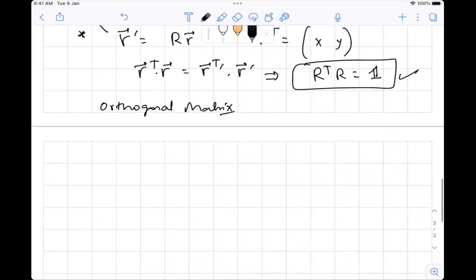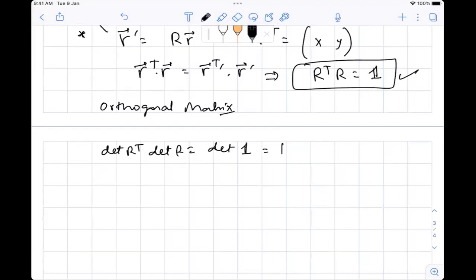Orthogonal matrices are all such matrices which preserve the length of the vector. There can be many matrices, but they have to preserve the length of the vector. Now if I take the determinant on both sides, it gives determinant R transpose times determinant R equals determinant of the identity matrix.